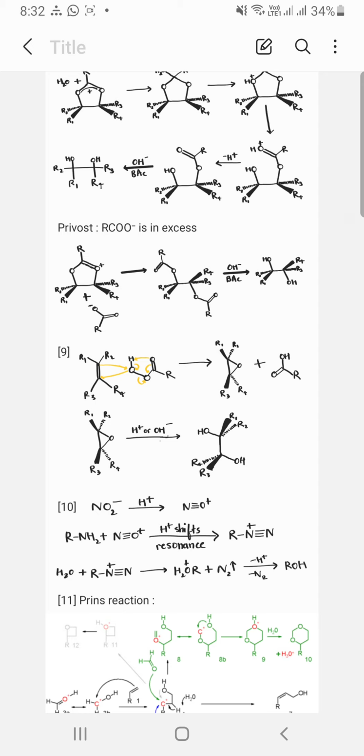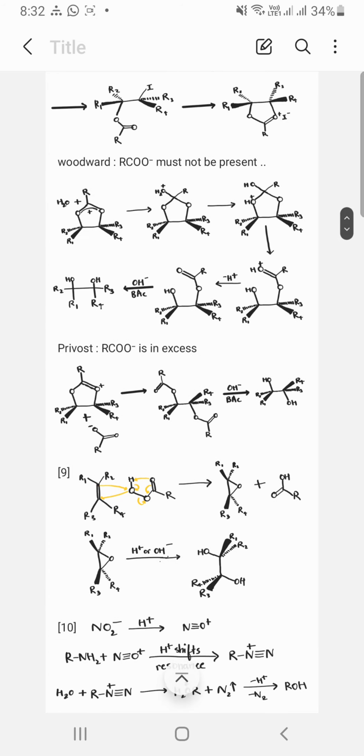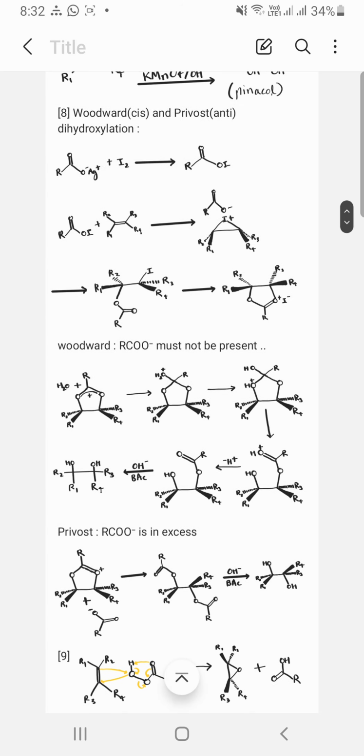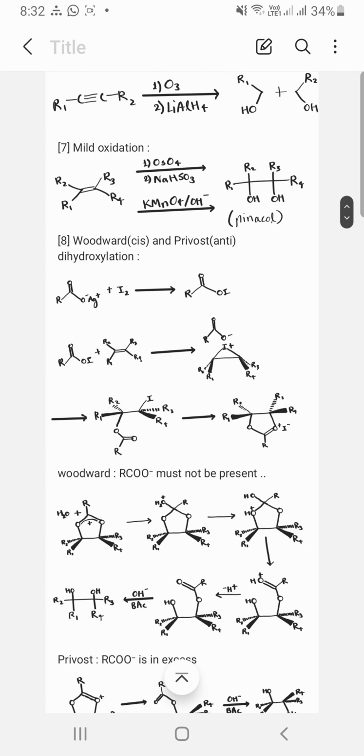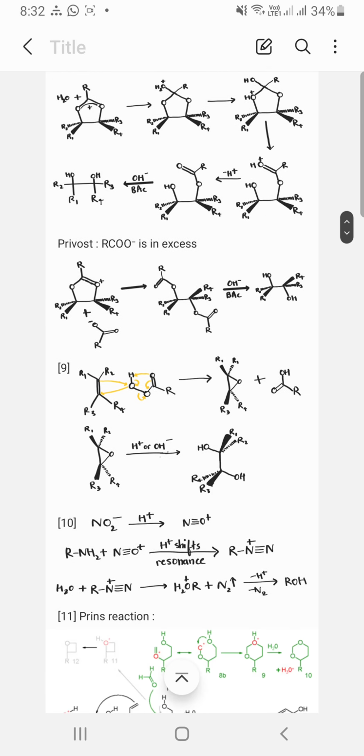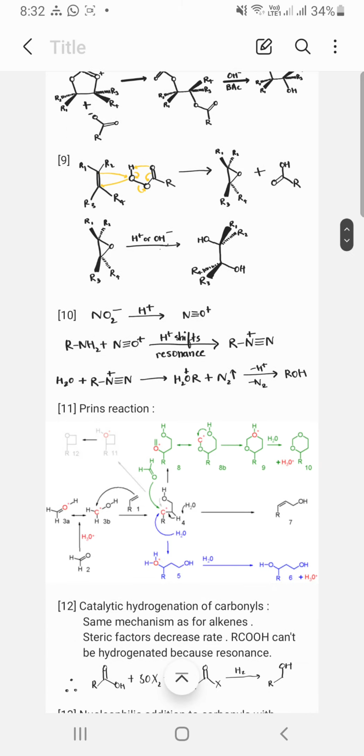It's Prevost dihydroxylation, right? It's just different stereochemistry, nothing else changed. So it's anti hydroxylation. Okay, then epoxide, and that epoxide can be hydrolyzed to give anti products. Okay, cool.